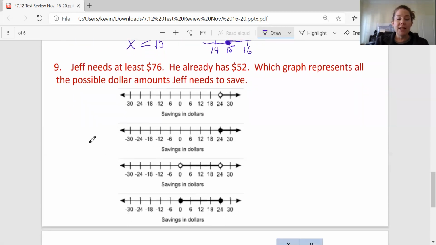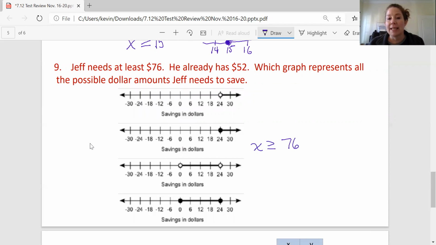Number 9, Jeff needs at least $76. So let's say you go to the mall and you said, Mom, I need at least $20. Does that mean you could take $20? Yep. Does that mean you want $15? No. Does it mean that really you want more than $20? Yes. So at least 76 means $76 or more.